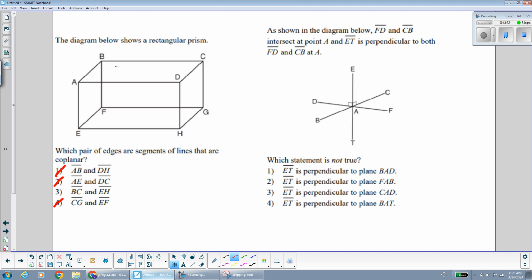But BC and EH are on the same diagonal plane from each other. You can connect them so that they are on the same rectangle. So they are coplanar.